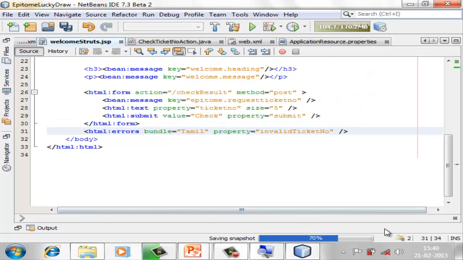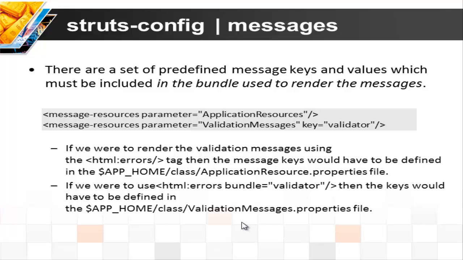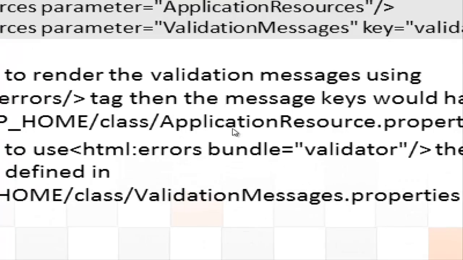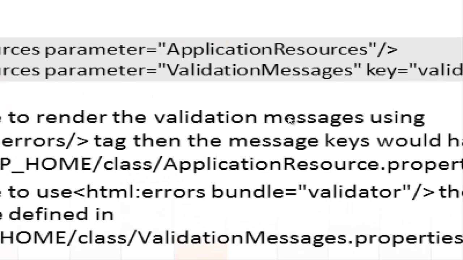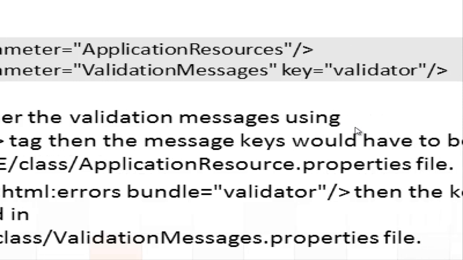So when you look at here, you notice the name of the file is application resources dash something or validation messages dot something. It is referred with a key called validator.